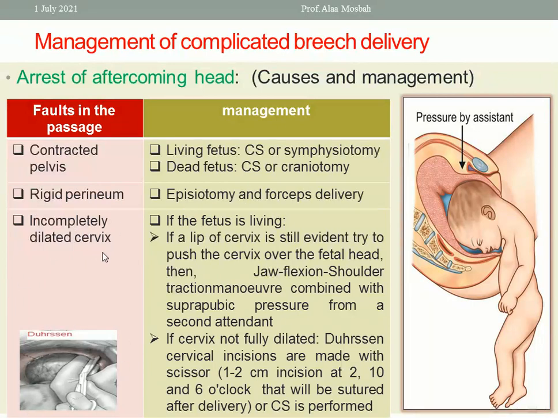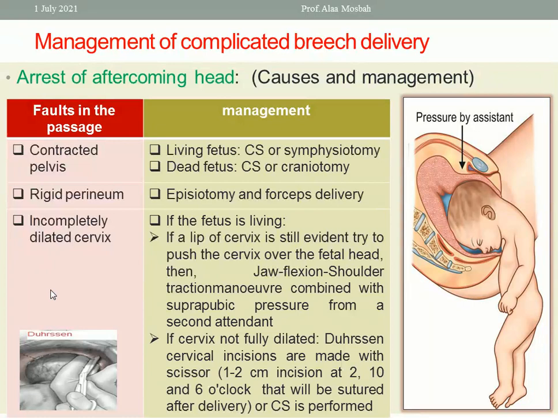If incompletely dilated cervix and the fetus is living, if you can slip the rim of the cervix above the fetal head, then do it. After that, do jaw flexion shoulder traction maneuver with suprapubic pressure. So try to push the cervix over the fetal head, if this rim can be pushed up the fetal head.